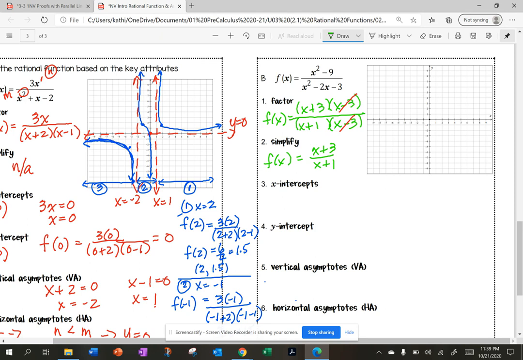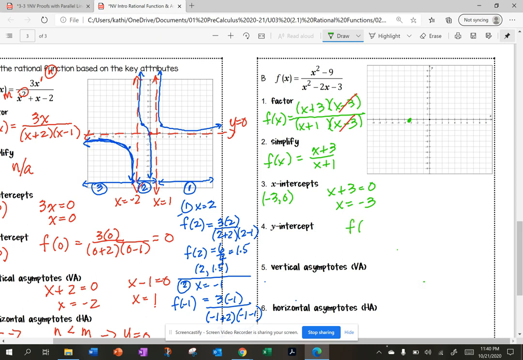So for my x-intercepts, I set the numerator equal to 0. So this is x plus 3 equals 0. So x equals -3. So my point is -3, 0. My y-intercept, I am going to set x equal to 0.